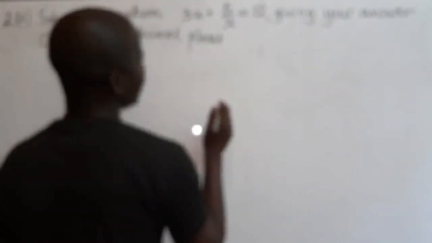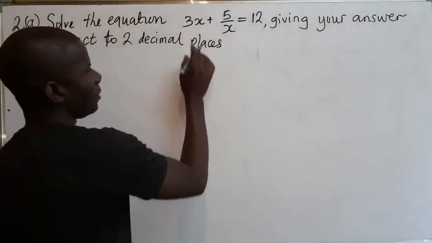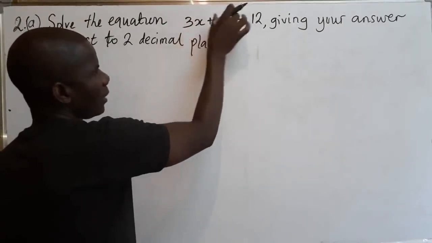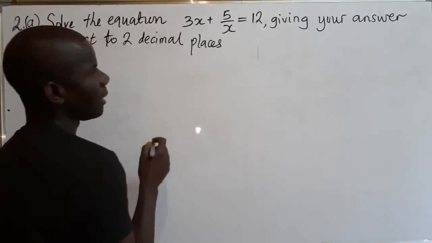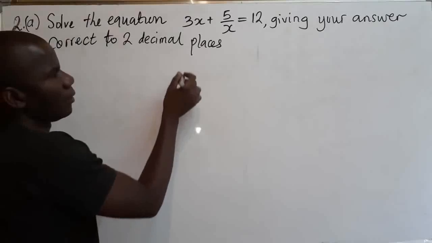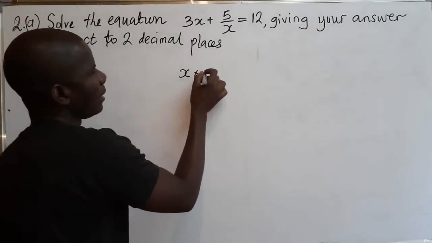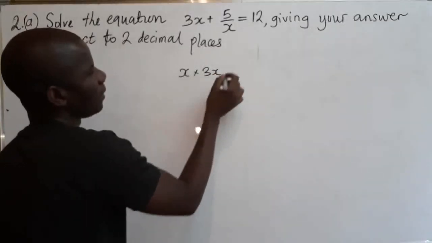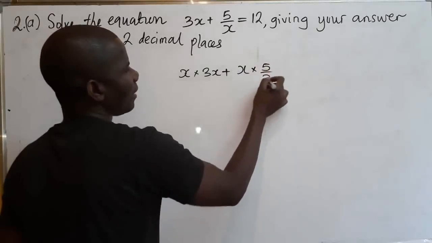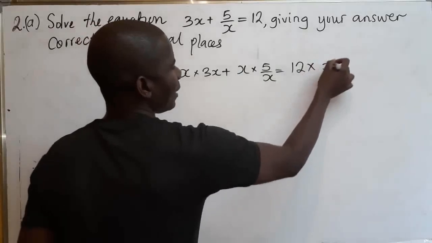To get rid of this fraction, you need to multiply each one of these three parts by x, because x is the denominator here. So I'm going to say x multiplied by 3x, plus x multiplied by 5 over x, equals 12 multiplied by x.